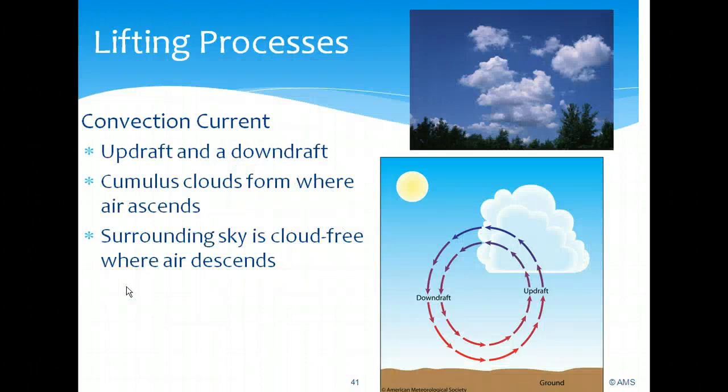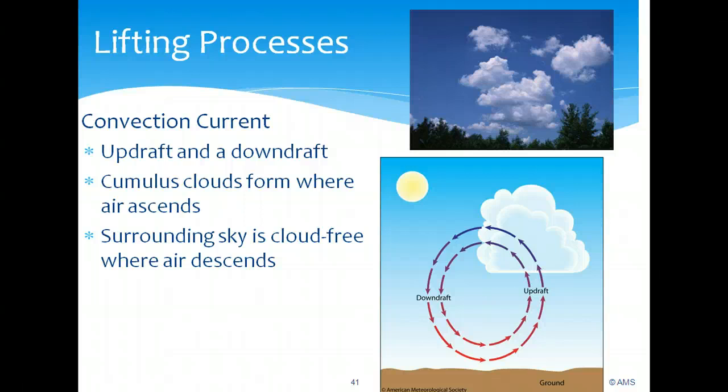There are several things that cause air to rise, or what we call the lifting processes, and they are the ascending branch of a convection current, or sometimes along the surface of a front, or possibly up the slopes of a hill or a mountain, or where surface winds converge.